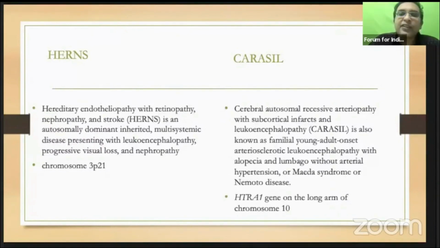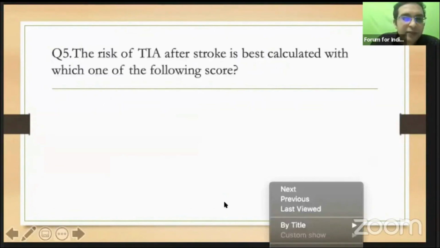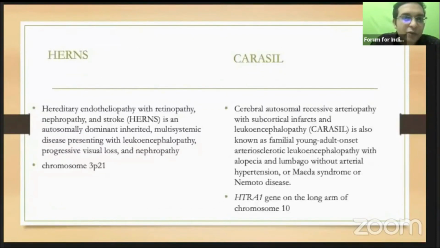And CARASIL is actually a counterpart of CADASIL, and you should remember that it is due to the HTRA1 gene, which is present on chromosome number 10 in these patients. So HTRA1 gene you have to remember, because this could be the next entrance question.